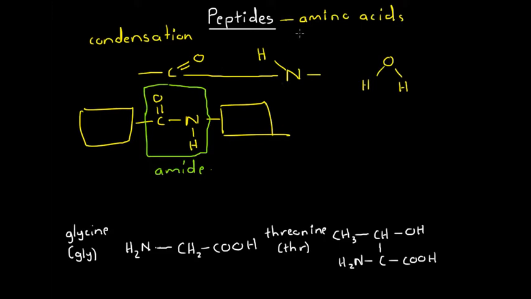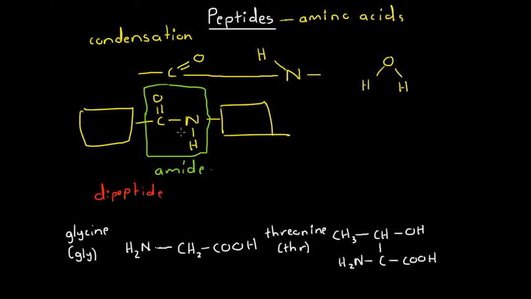Now, when we're bonding amino acids together, we have specific terms that we can call the resultant molecules. So here we've got two amino acids bonding together via one amide linkage. And when we have two amino acids bonded together, we call that a dipeptide.